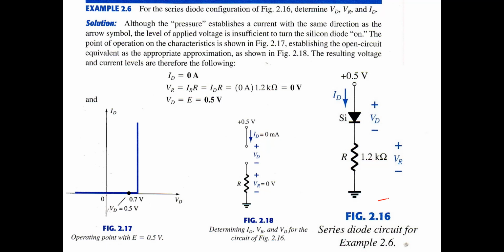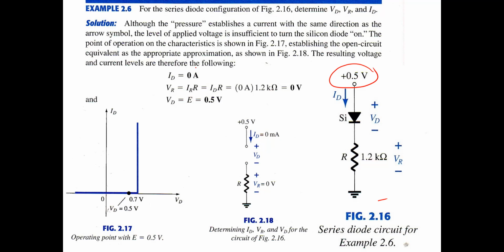We use the silicon diode and then a resistor of 1.2. This is the 0.5 volt. So the value of the input voltage is lower than the key voltage, Vk, of the silicon. Because the input voltage is smaller than the silicon key voltage, the current doesn't flow in the circuit.